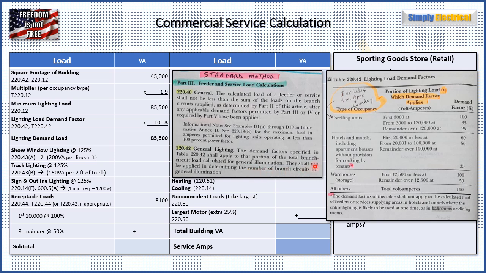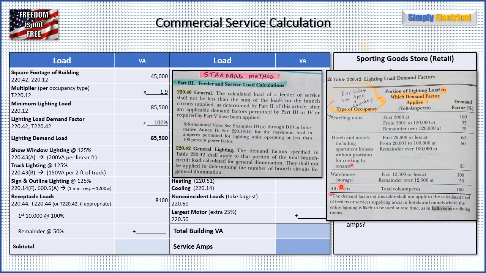All right, let's check out this table. Table 220.42, lighting load demand factors. You have 3 columns here. You've got your occupancy types, and then you've got your portion of lighting load to which demand factor applies, and then you have your demand factor itself, a percentage. All right, the first type is dwelling units, which doesn't apply to us. Hotels, motels, and apartment houses doesn't apply to us. Warehouses, nope.